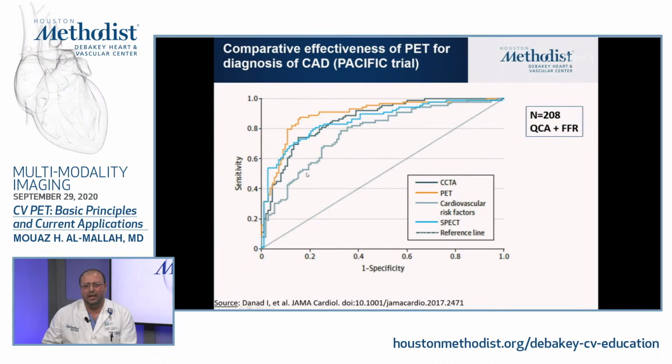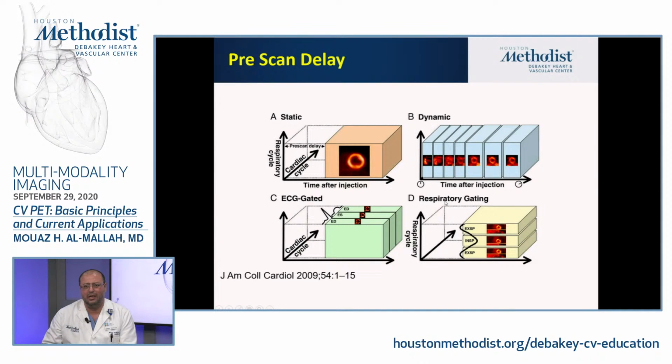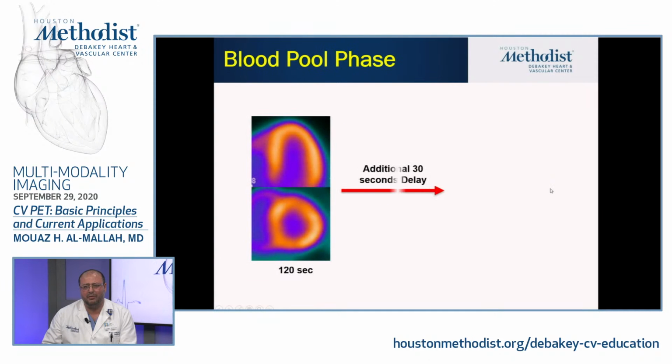And we know that PET, when you take it into account in the PACIFIC study, they used O15 water. So technically all they had was just the dynamic data. They didn't have the static data, didn't have the ejection fraction data, did not have the TID or any other information you get from the rest of the images.